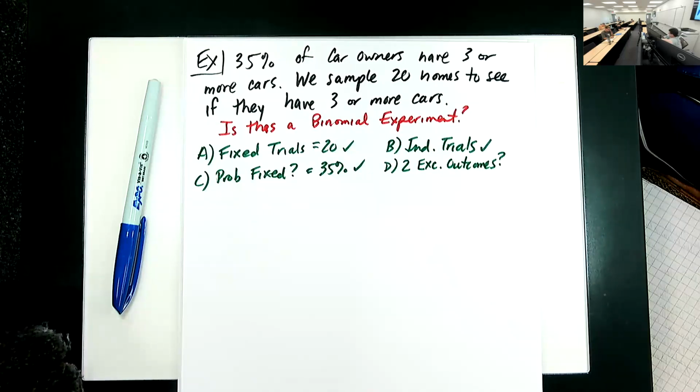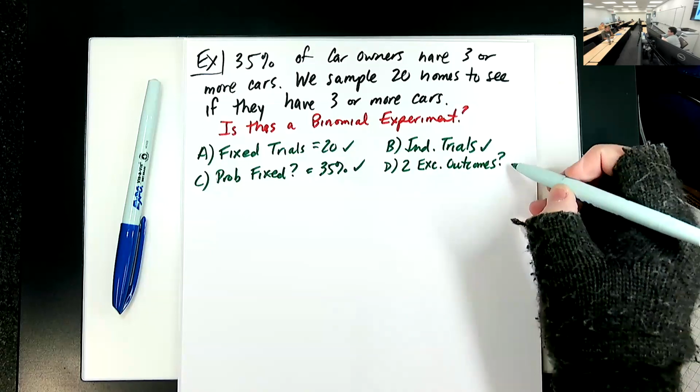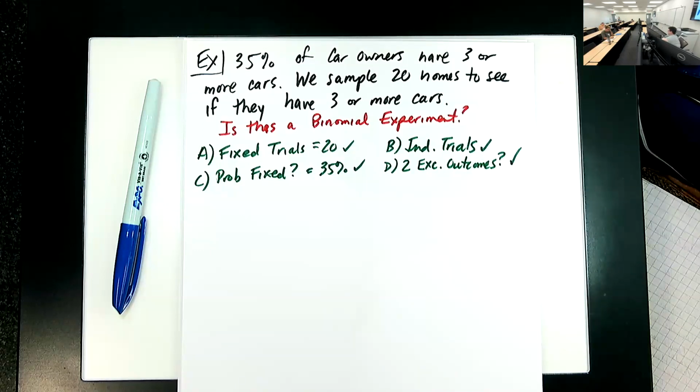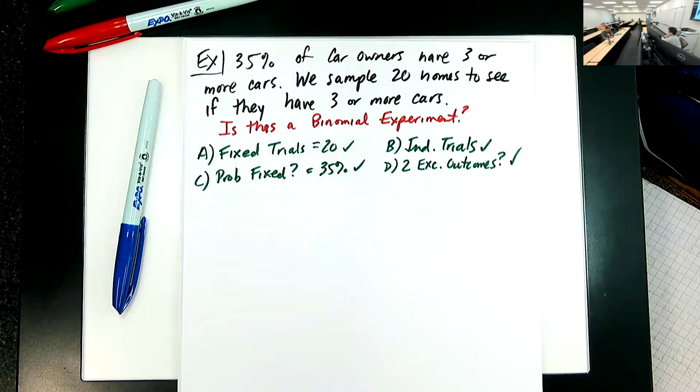Either they have three or more, yes, or they don't have three or more, no. There are two outcomes, yes and no, so that one's met as well. So now that we've shown that this is a binomial experiment, let's explore some probabilities.